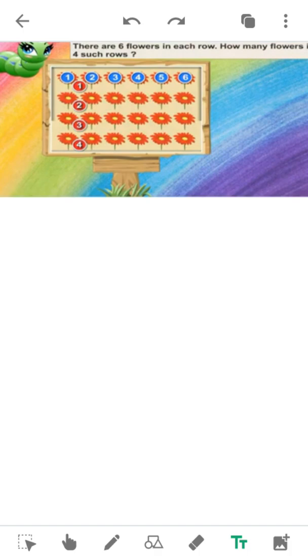Count how many rows are there. First, count how many flowers are in one row. Okay, so 1, 2, 3, 4, 5, 6. There are 6 flowers in each row. And how many rows are there? 1, 2, 3, 4. So there are 6 flowers in each row and such 4 rows.